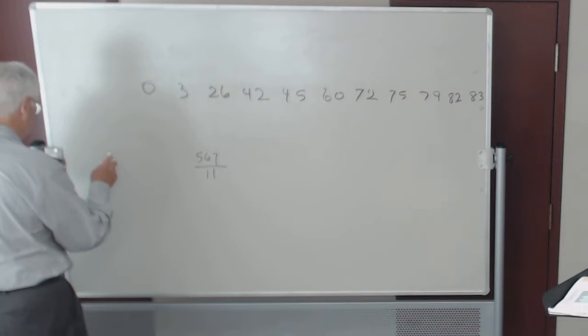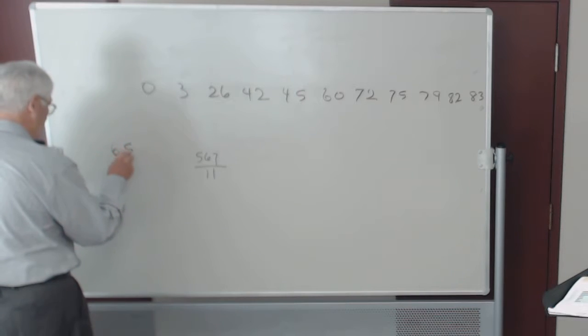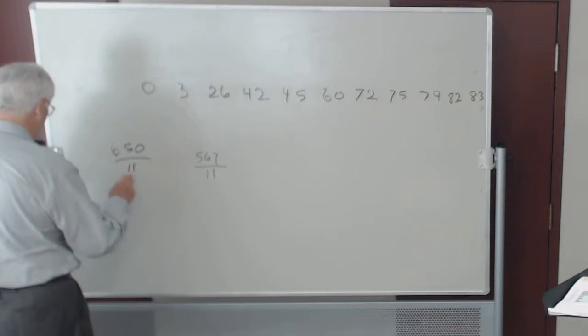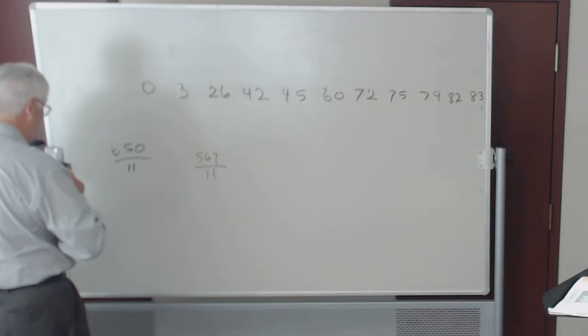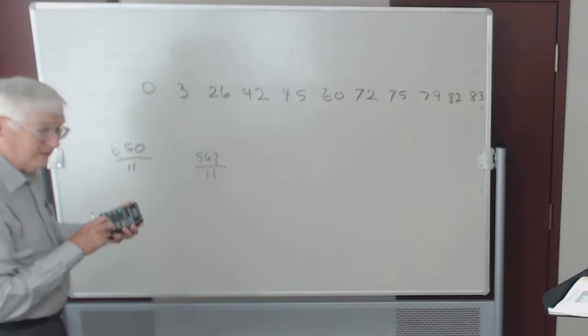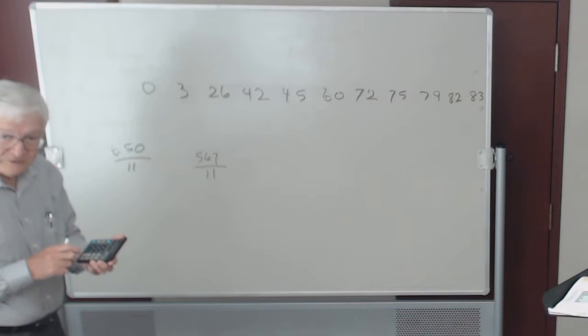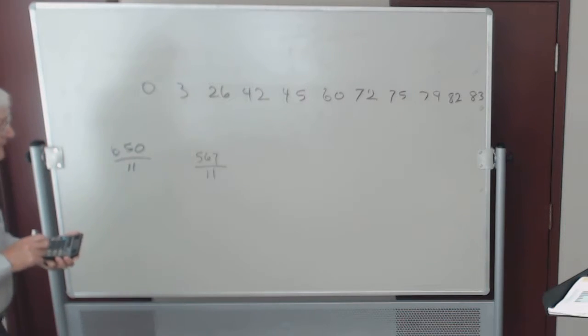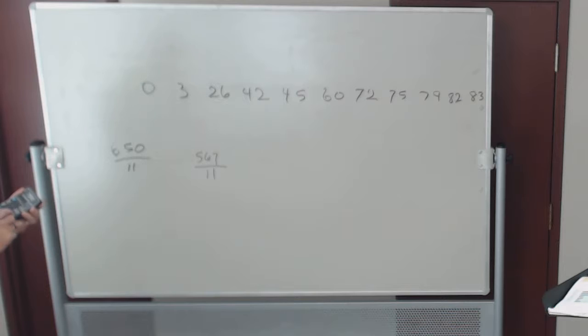Or is it 650 divided by 11? Did you guys add it up to see what you're getting? Well, I had 567, and then I punched equals, and it came up 650. Let me see. I'll go the other way.